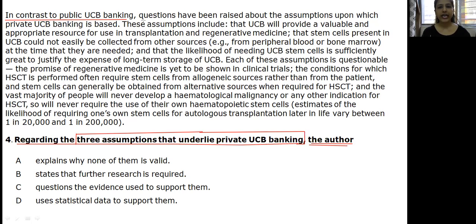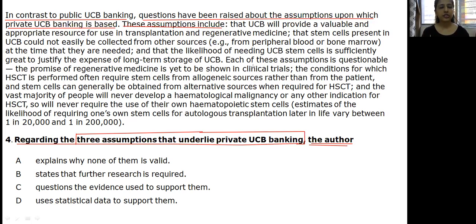questions have been raised about the assumptions upon which private UCB banking is based. The private UCB banking is based on some assumptions. Which are these assumptions? Here the writer has given these assumptions. And here it is given three assumptions. So first try and find out which three assumptions are given.